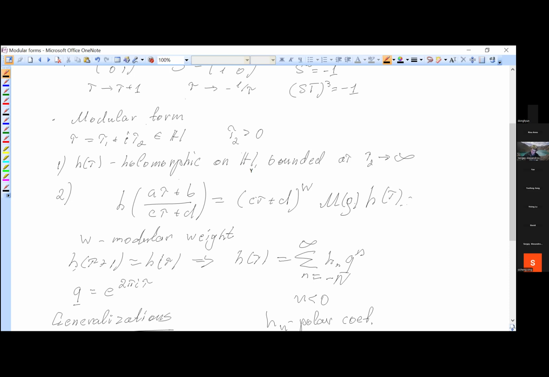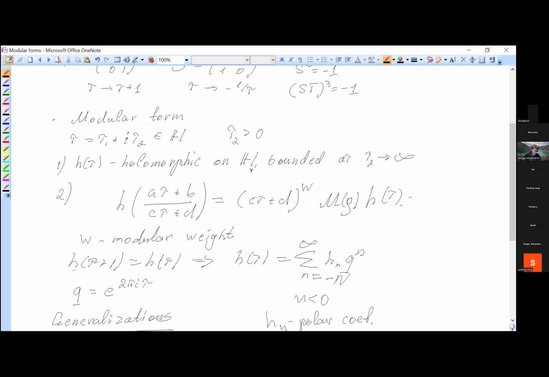Typically it's just some phase factor, which of course should satisfy a certain cocycle condition, because we need to have a group law. But why do we add it?